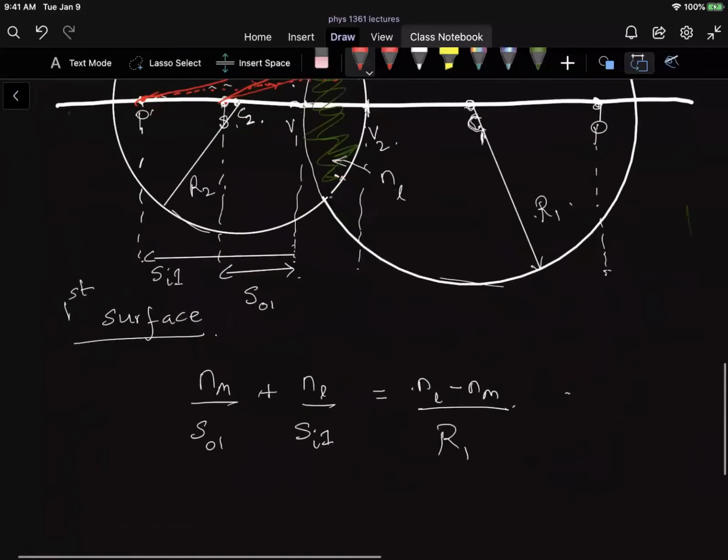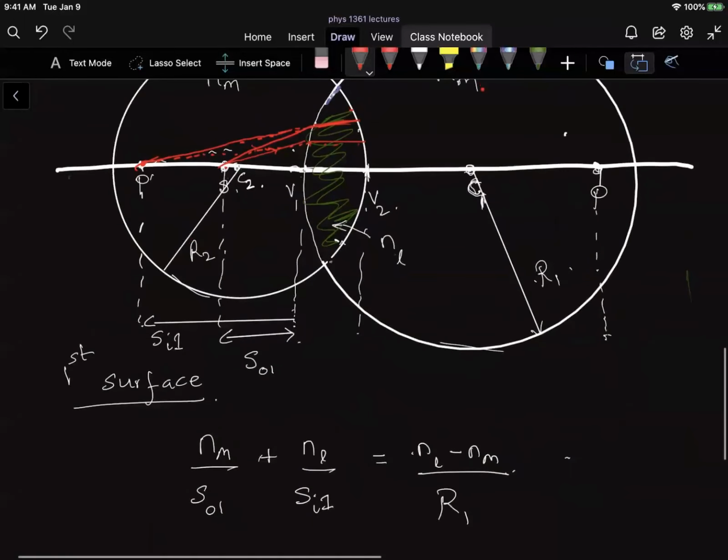So the first surface simply follows the basic spherical surface equation that we have already seen in the last lectures, which is that the first object point SO1 has the associated refractive index N sub M. The image has the refractive index N sub L. Therefore, N sub L divided by SI1 is equal to N sub L minus N sub M divided by R1. And this is just the equation for refraction at a spherical surface.